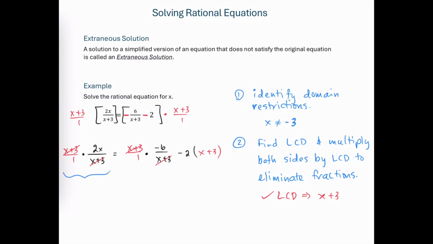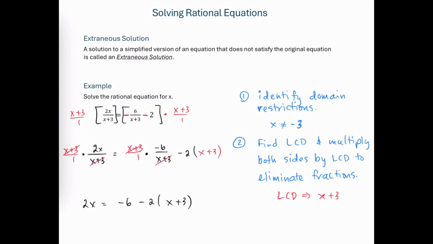So the product of these two terms is going to yield just the 2x that remains. The product of these two terms has only the -6 that remains. And for right now, let's just copy-paste this product without distributing, just to make sure that this last step has been clear. So the denominators have all been canceled, and we now have a simplified version of the original equation.